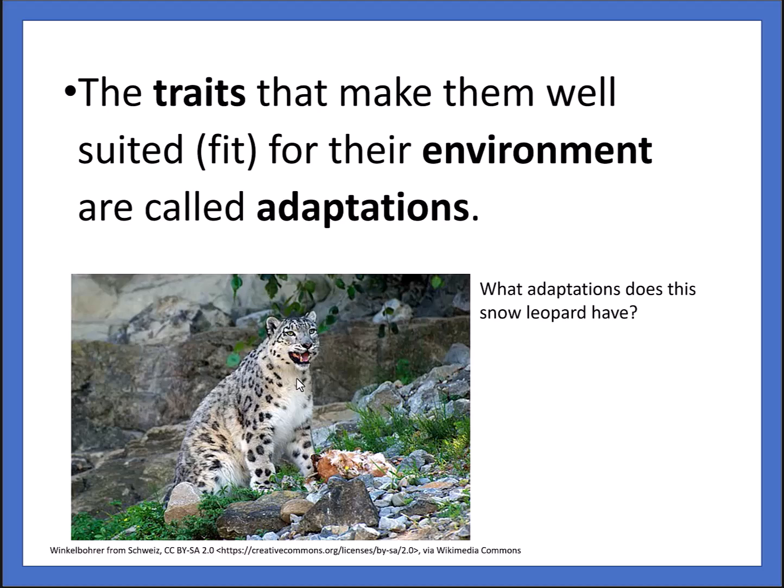That helps it to become a better predator because it can sneak up on its prey. Sharp teeth, claws, and forward-facing eyes are all adaptations of predators that eat meat. So those are all possible adaptations that allow this snow leopard to be well suited for its environment and its lifestyle.